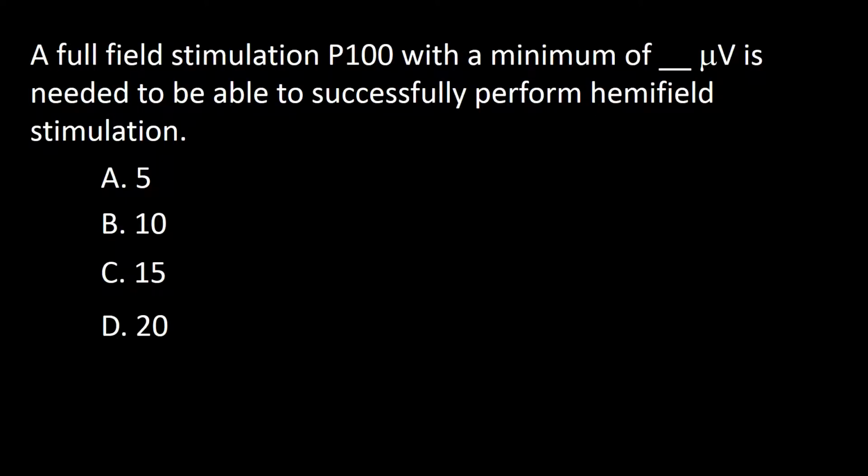If the amplitude of a full field pattern reversal P100 is less than 5 microvolts, Hemifield studies are likely to be plagued with artifacts and be unreliable. So the answer to this question is A.